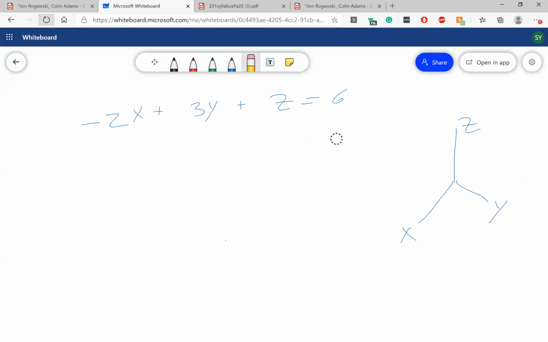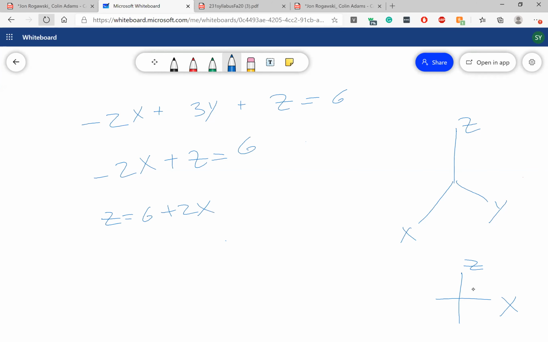But what you can do is set y, for example, to be 0. So that's when this thing is 0. So now you're looking at the xz plane, and we can look at the line that's created. That happens when negative 2x plus z is equal to 6, which means z is equal to 6 plus 2x.